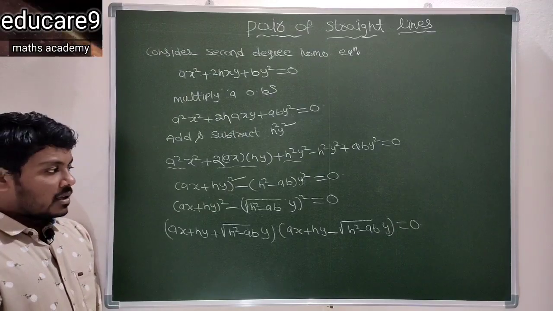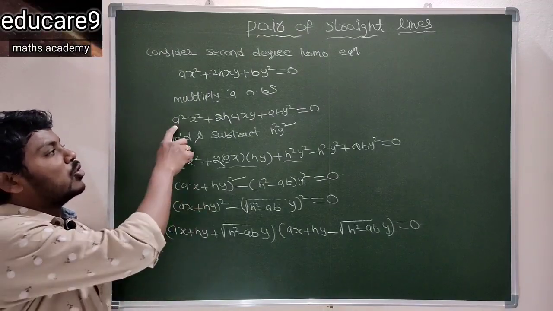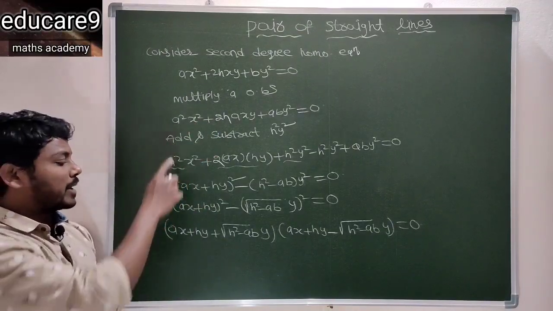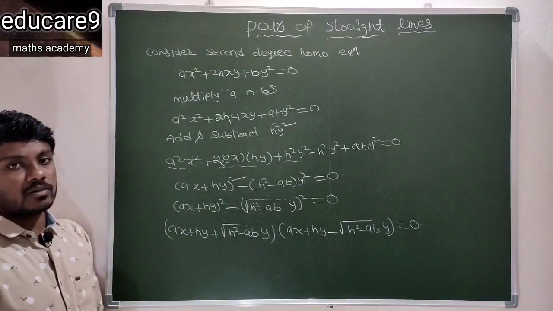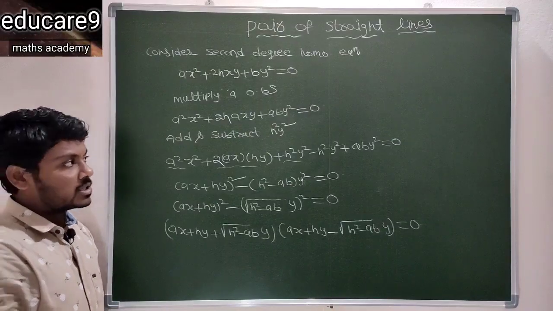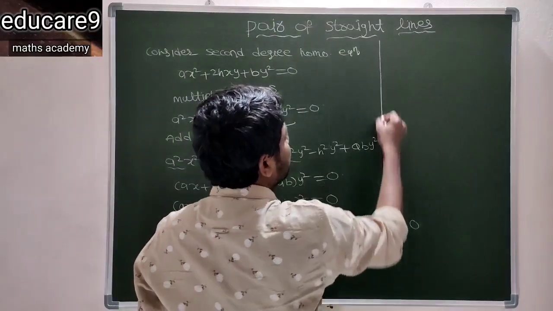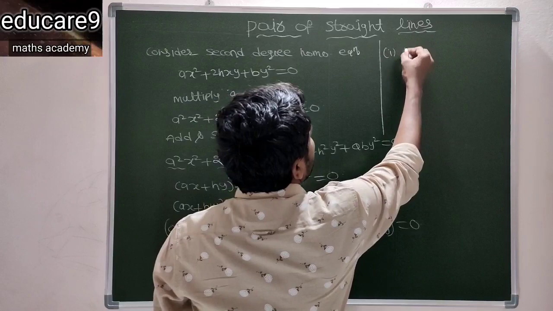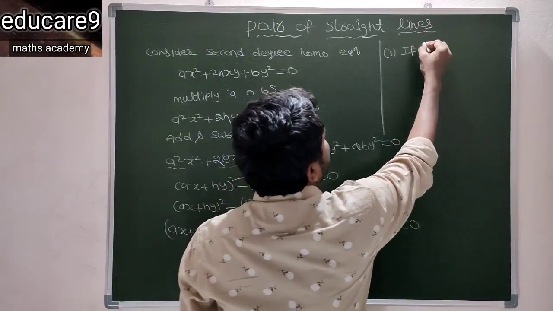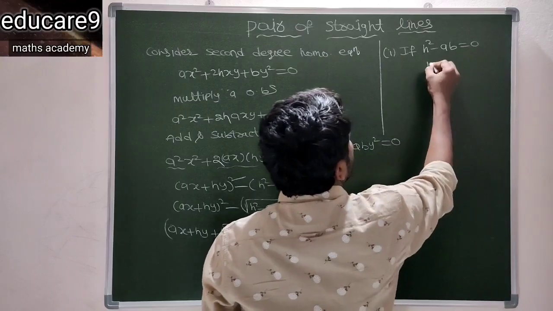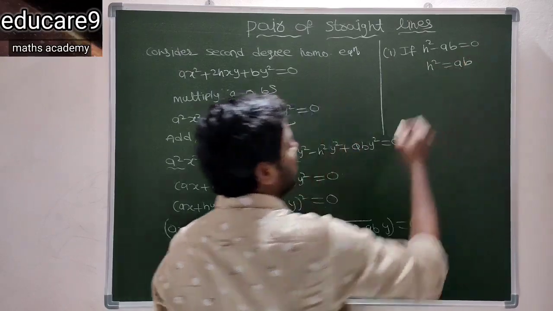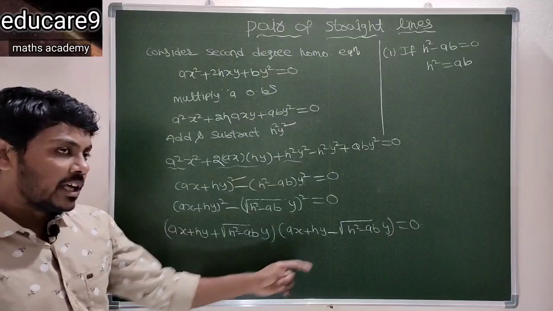Okay. So clearly this is a homogeneous equation, so it represents a product of two linear homogeneous equations. Here there are three possibilities. See the first one. If h square minus ab is equal to 0, that is, h square is equal to ab, then substitute here.